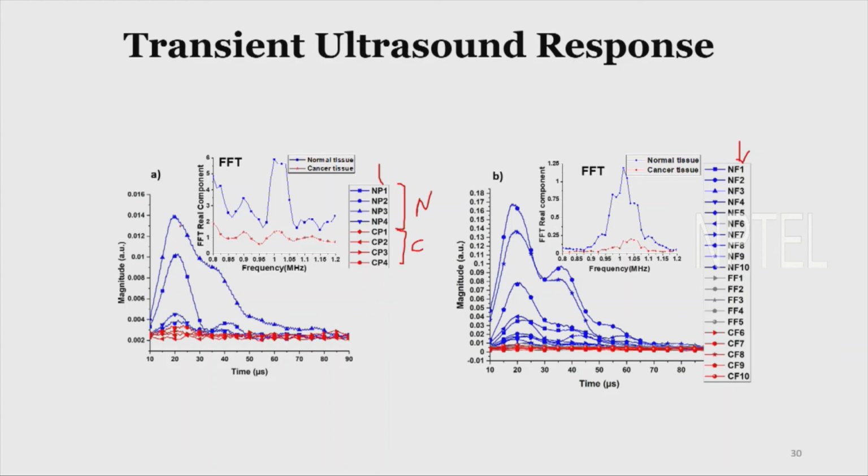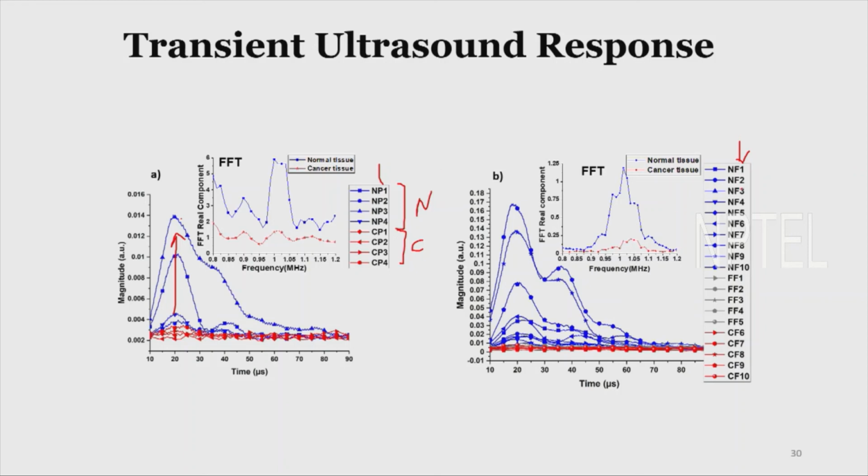In the case of normal tissues, you can see that the amplitude of the response is very high as compared to the cancerous tissue. The cancerous tissue is able to absorb the time domain acoustic ultrasound response very quickly, but in the case of normal, it allows this ultrasound radiation to pass through the tissue.